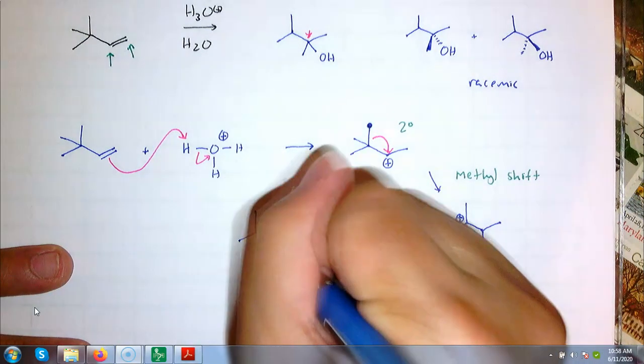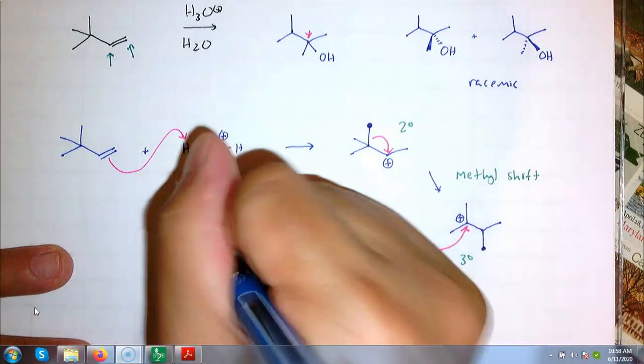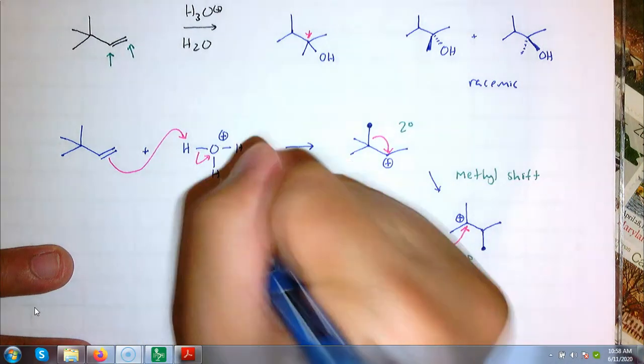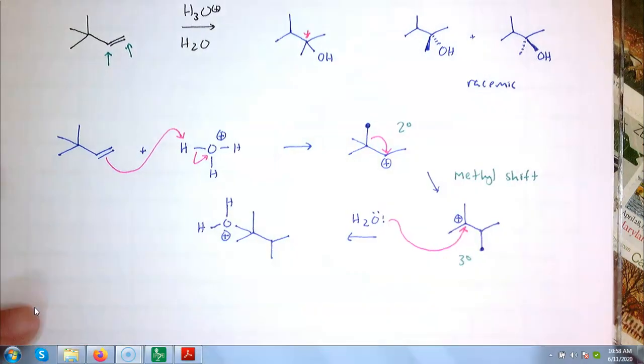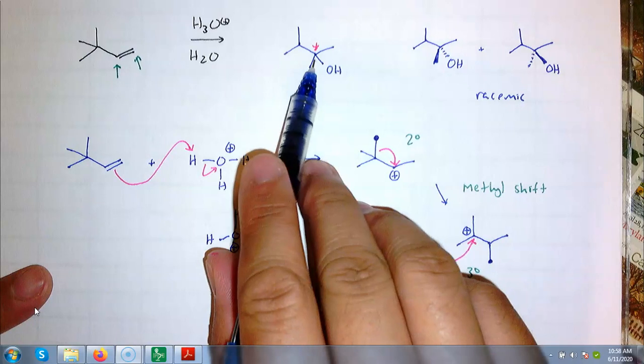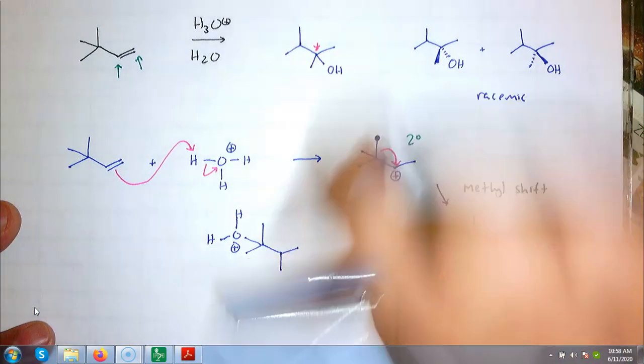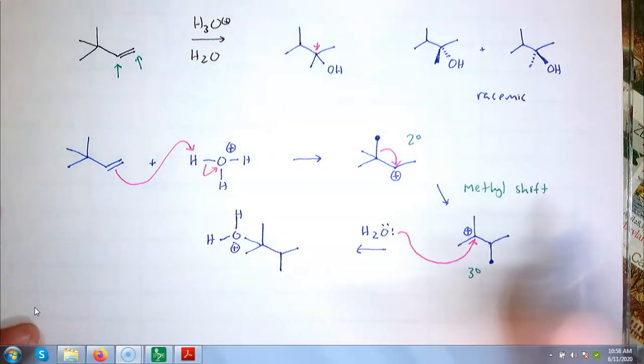So I do realize that, let me just finish this. Okay. I do realize that when I drew the product, the OH is on this carbon. But since the carbocation was symmetrical, it didn't matter which OH, because I'm getting the same product anyway.